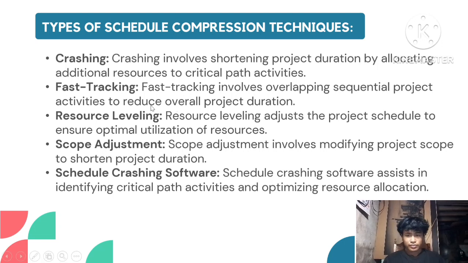Fast tracking involves overlapping sequential project activities to reduce overall project duration. Fast tracking condenses project timelines by allowing sequential activities to overlap, thereby shortening the project duration.